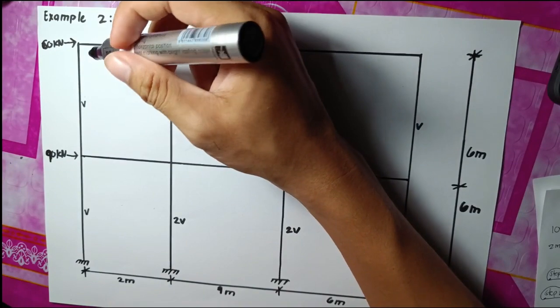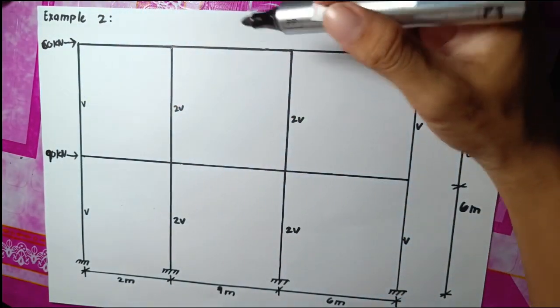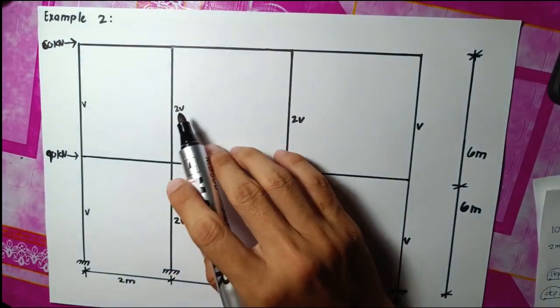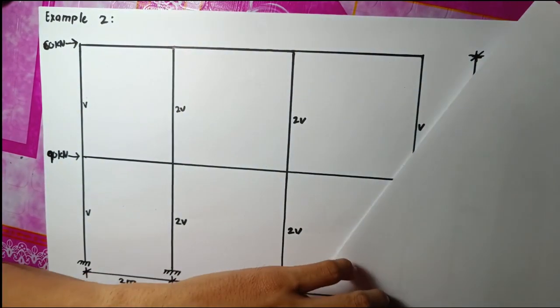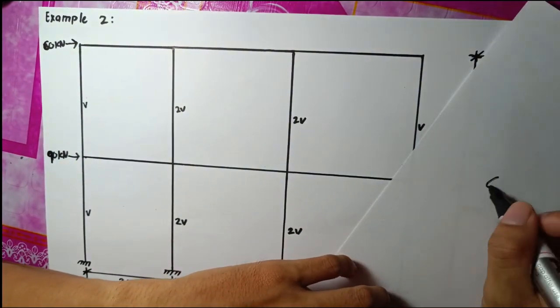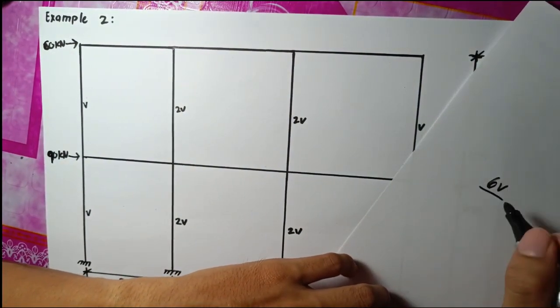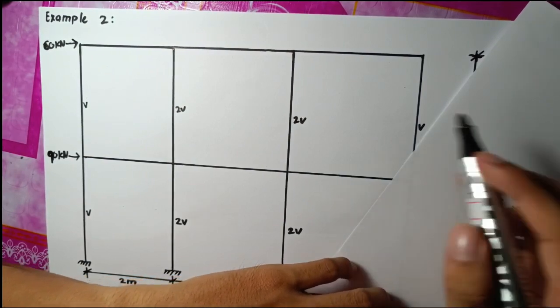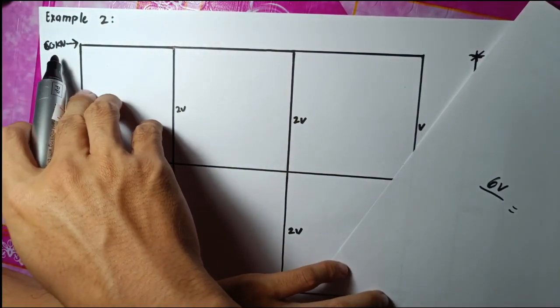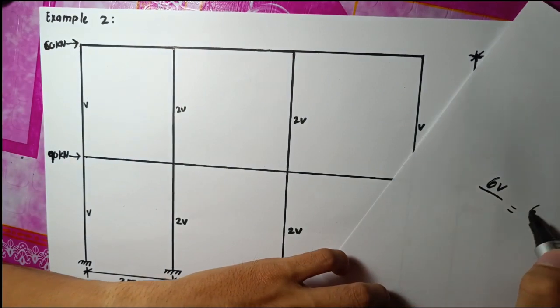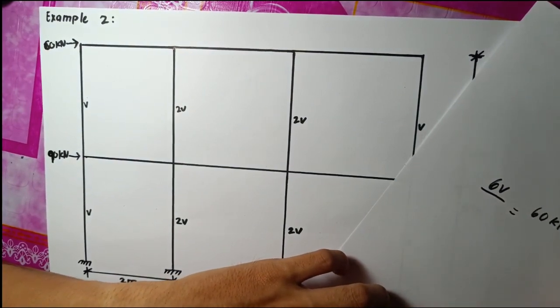Now we must add the shears. So 1, 2, 3, 4, 5, 6. So 6 shear. And the horizontal load is 60 kilonewton.